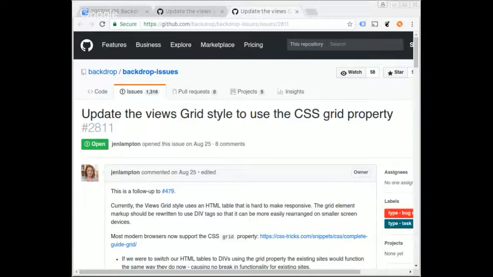Nate, did you have something you want to add to that too? Yeah, just that there's two issues. 479, which is making the grid responsive, and then there's 2811, which is your issue to use CSS grid.